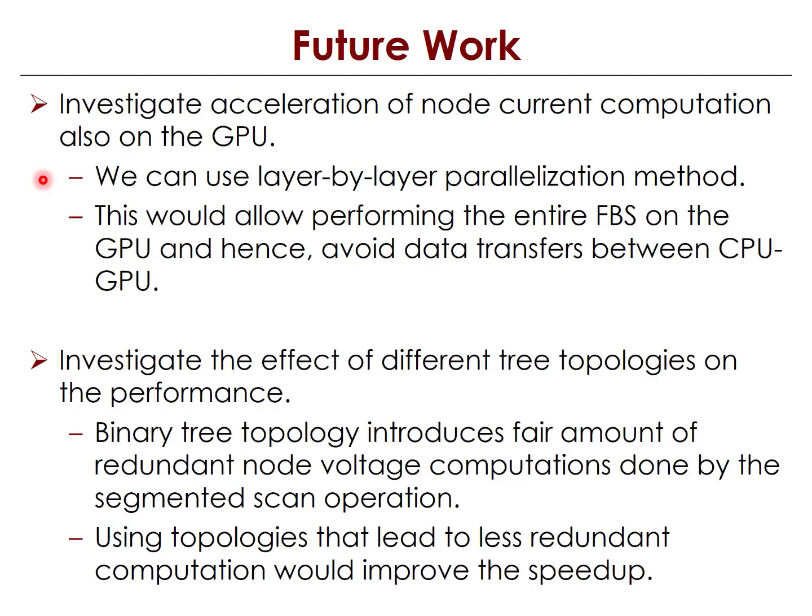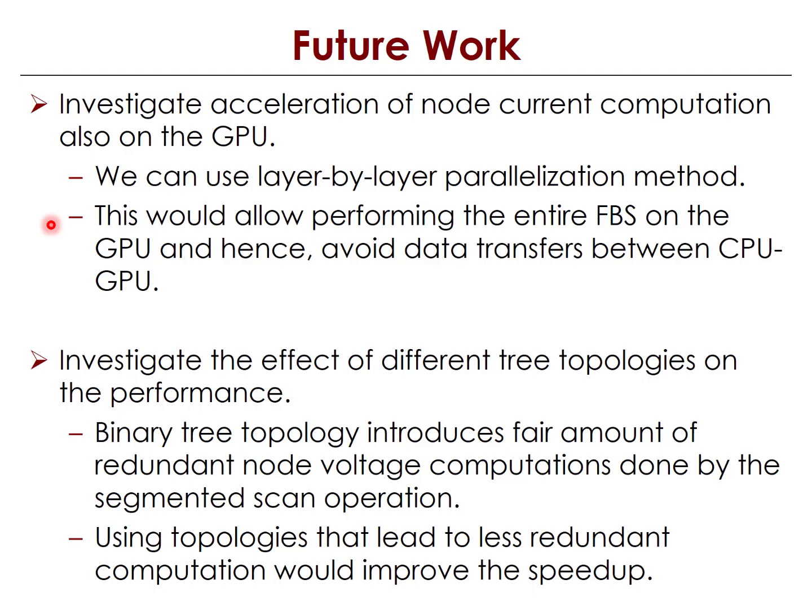It is because at higher levels, since we have fewer nodes, enough work may not be available to fill the GPU, which would prevent it from hiding compute and memory latencies.